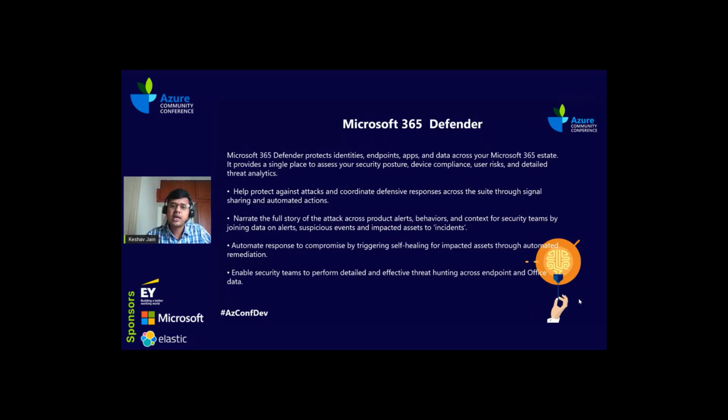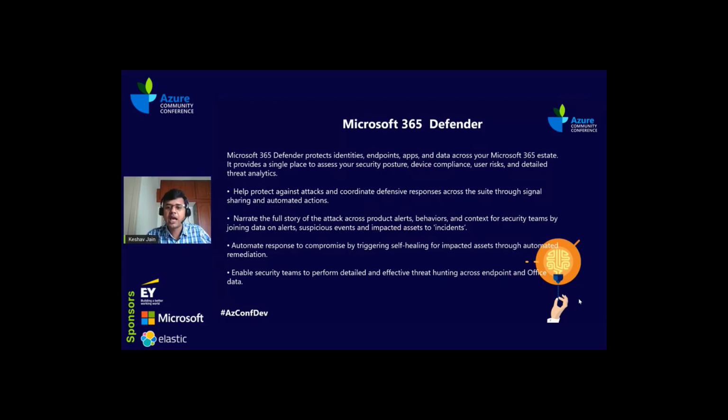Microsoft Defender has the capability to protect your identities, the machines or endpoints that are there, cloud apps, email, and documents. It has a lot of things. What it does is leverage the Microsoft 365 security portfolio to automatically analyze threat data across domains, building a complete picture of each attack in a single dashboard.